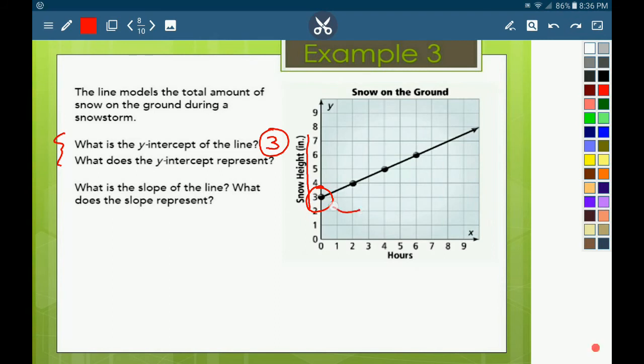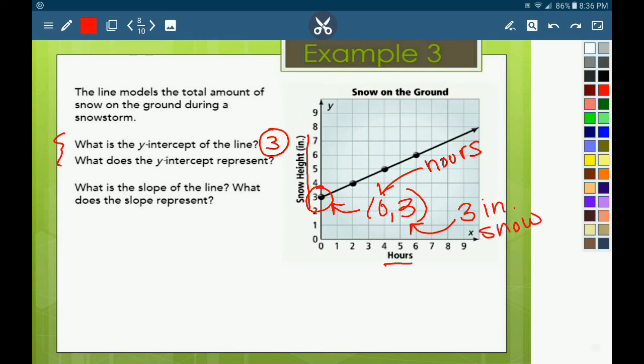Now this point is (0, 3). So the 0 is what the x is, and that's hours. So when no hours pass, at hour 0, or at the start of when we started recording the snowstorm, we had 3, it looks like, inches of snow.